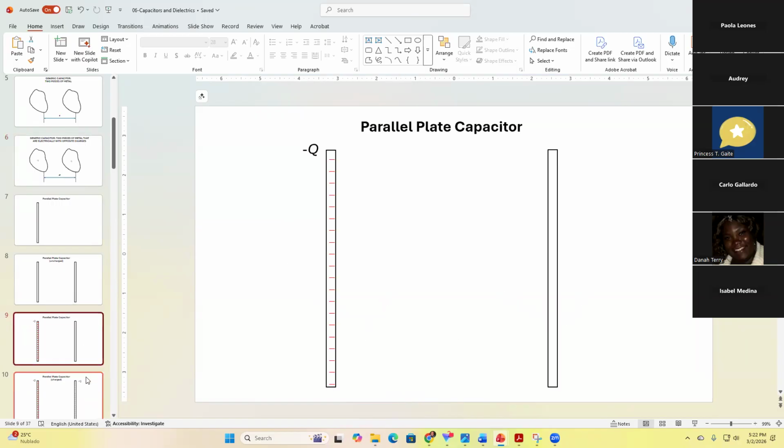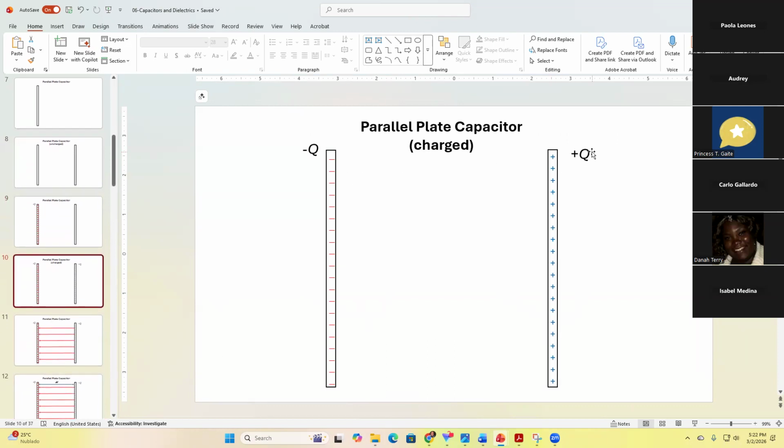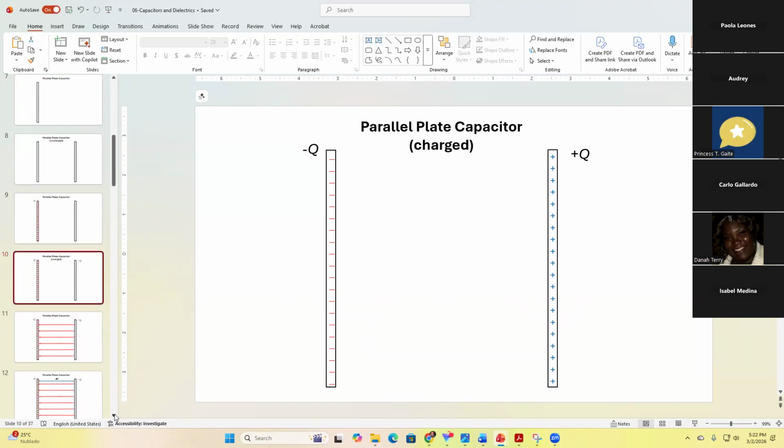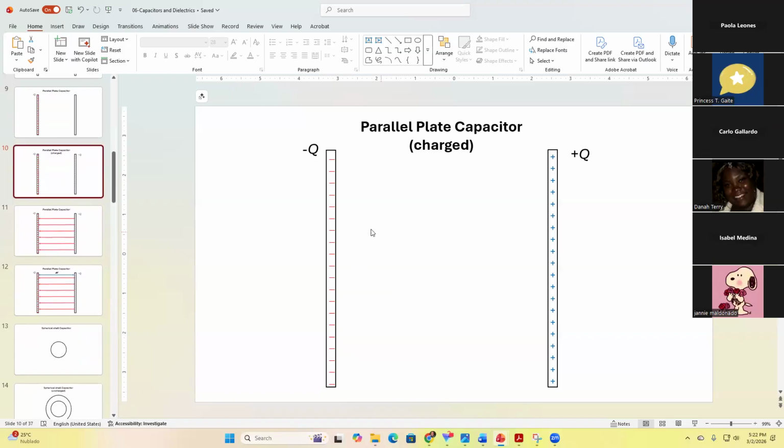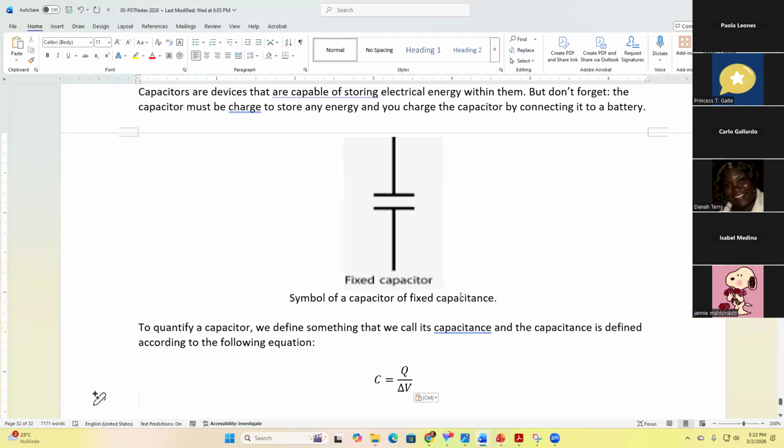Same thing here, right? If we know the amount of charge Q in terms of Coulomb, and divide by the electric potential difference, the voltage difference between those two plates, we get what we call the capacitance.